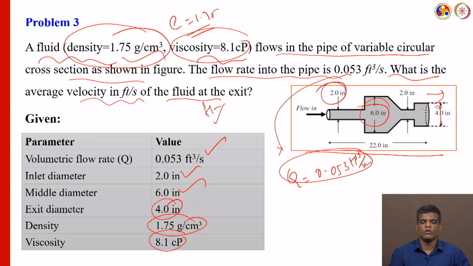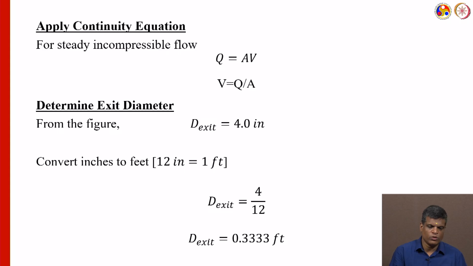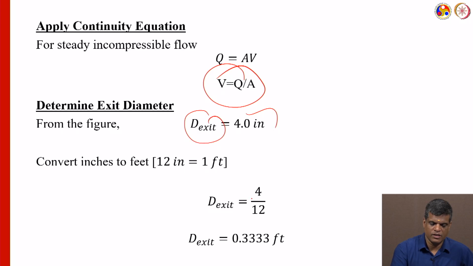So we know all the values, but what they are asking is the average velocity of the fluid at the exit, V2. We can calculate from here. Q equal to V times A, so velocity is Q by A. The exit diameter we know, 4 inch, already mentioned. You convert it in terms of feet, because the area is in terms of inch, then convert to feet.